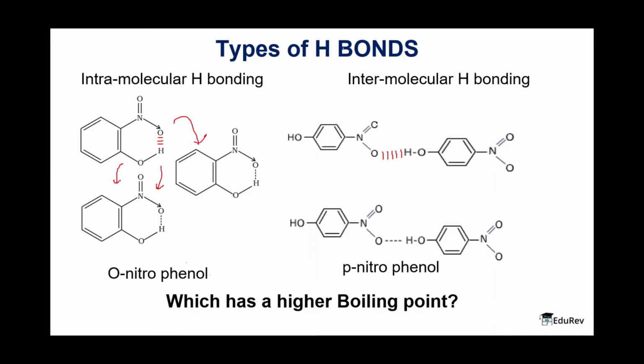The molecules are discrete. Within the molecules you have hydrogen bonding, but nothing is binding the molecules together. Whereas in the case of intermolecular hydrogen bonding, we have a hydrogen bond force binding different molecules together, because of which intermolecular hydrogen bonded compounds will have a higher boiling point.